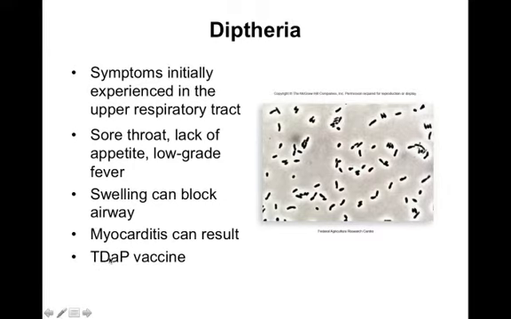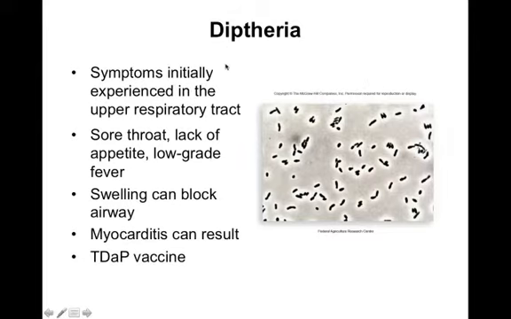Good news is that we don't really see this too often in the United States because there is a great vaccine, the Tdap vaccine, which is the tetanus, diphtheria, and pertussis vaccine, which works extremely well. I think in an article I read a little while ago, there have only been 3 cases of diphtheria in the United States in the past 6 or 7 years.